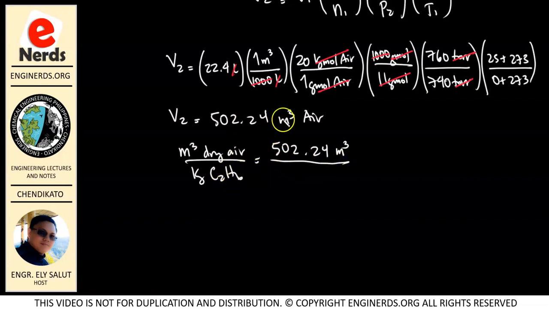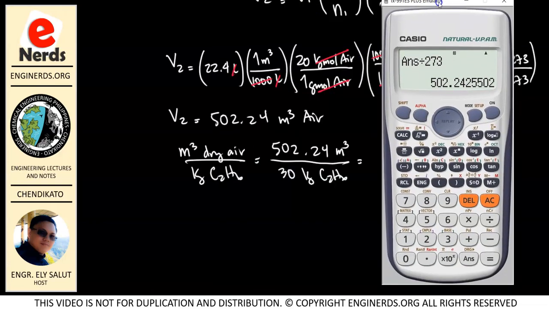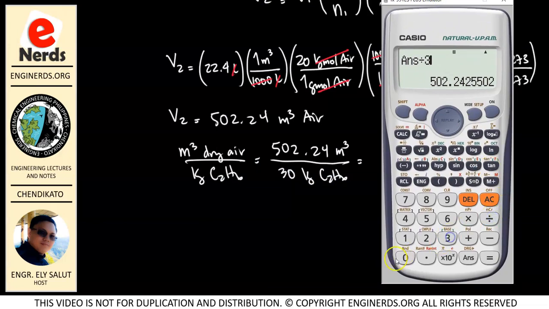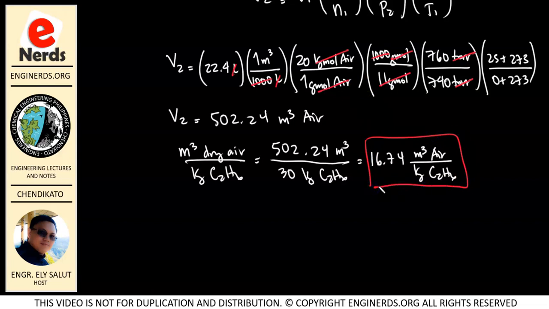So we have 1 kilogram mole of C2H6, which is 30 kilograms of C2H6. Therefore we have 502.24 divided by 30. So we have 16.74 cubic meter of air per kilogram of C2H6. So this is our answer for our third requirement, right?